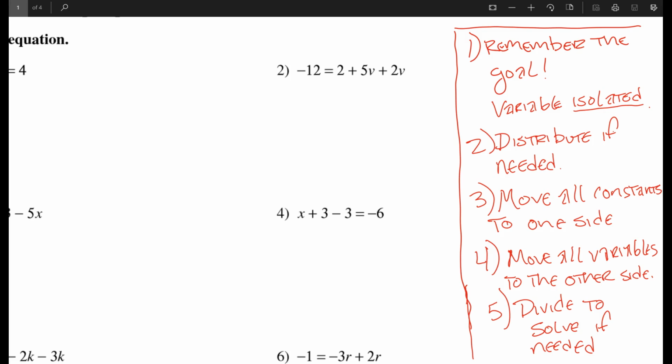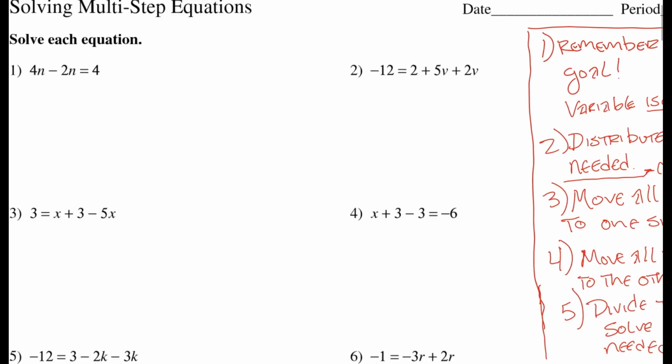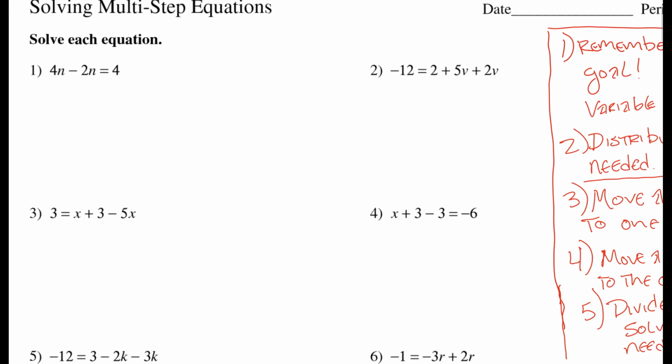One thing we also need to do right in this step right here is combine like terms. Forgot to mention that, but that's something that should come reasonably easy. We'll see. So we're going to do a few of these selected ones together, and then your extra credit is going to be finishing them if that's something you're interested in doing.